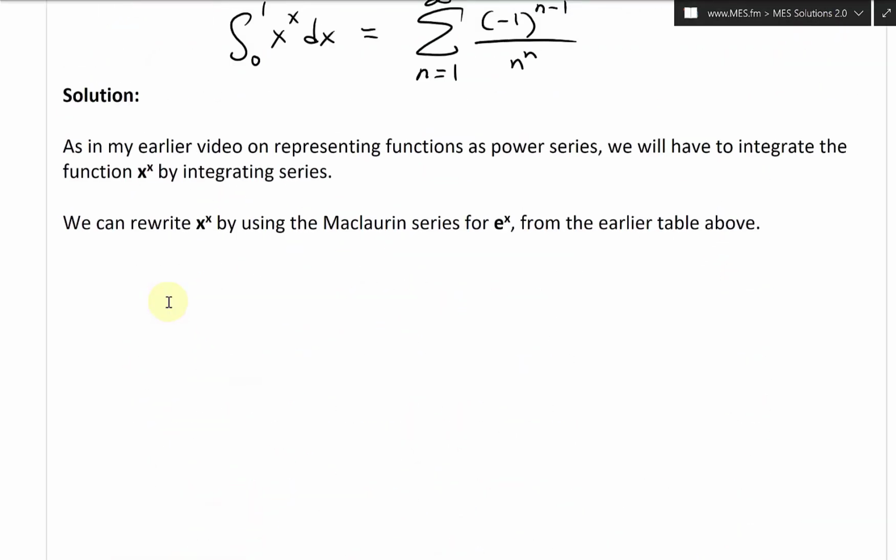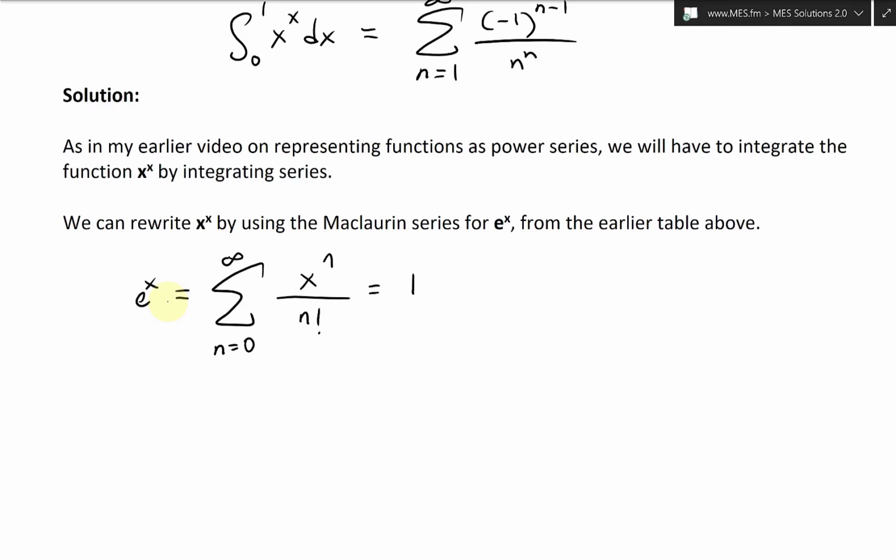Teleporting back here, it keeps going on and on.